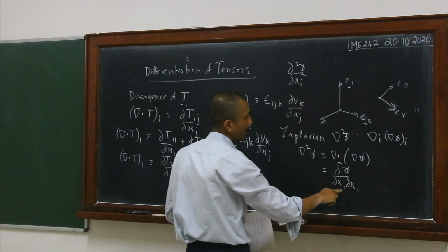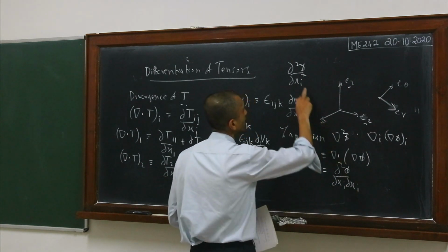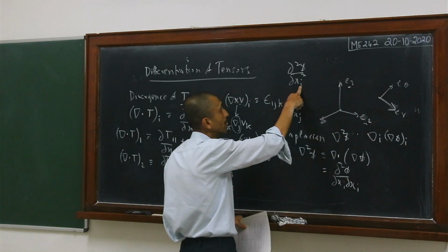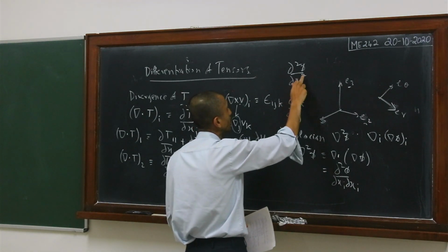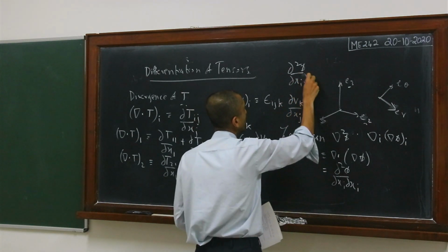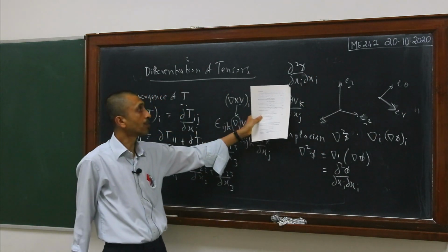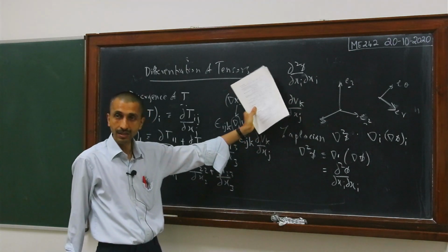Because there is a summation over the i. If you write it like this, then i becomes like a free index. You should never write it in this particular way. You are supposed to write it correctly like this only, because i is a dummy index, so you have to show that there is a dummy index and that there is a summation.